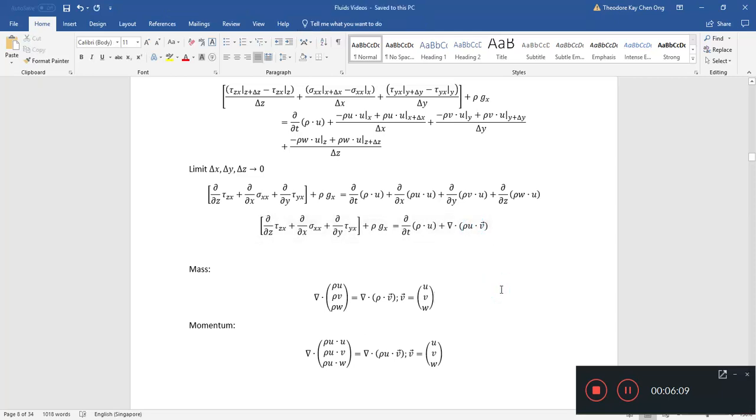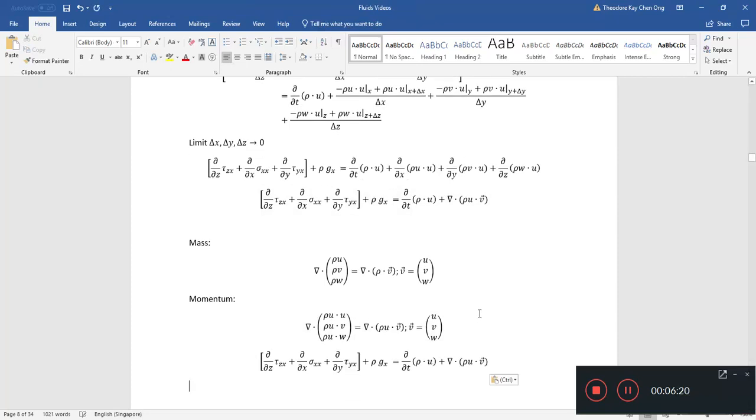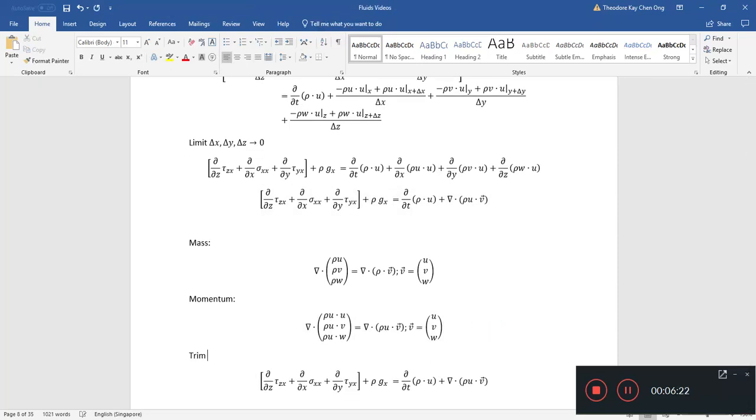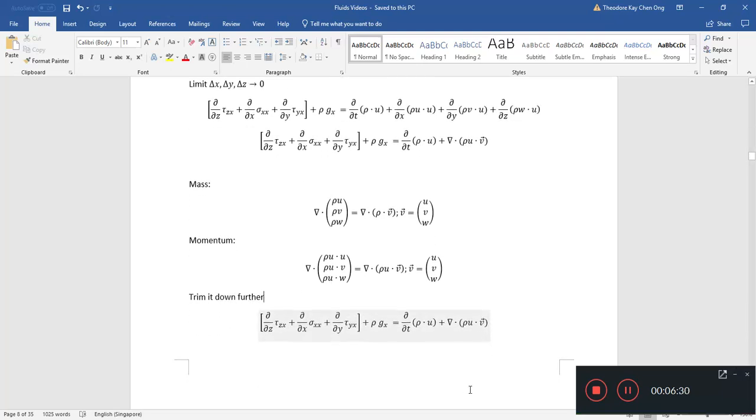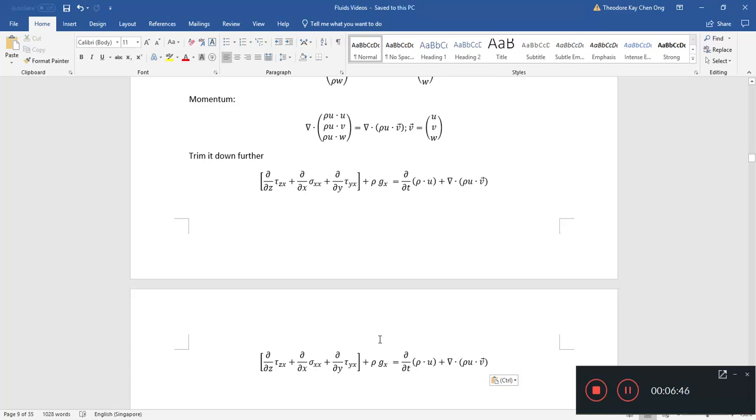Now our Navier-Stokes equation is very much trimmed down, but let's trim it down even further. There are some more things that we can do. Now we note with our divergence operator, we can apply the chain rule, or the product rule, to it as well, because it's essentially a differential operator.